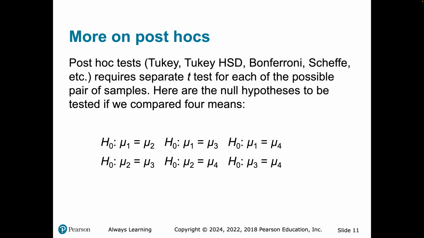If the ANOVA test is statistically significant, then we must focus on post hocs. If the ANOVA is not statistically significant, then we do not need to report or run post hocs.